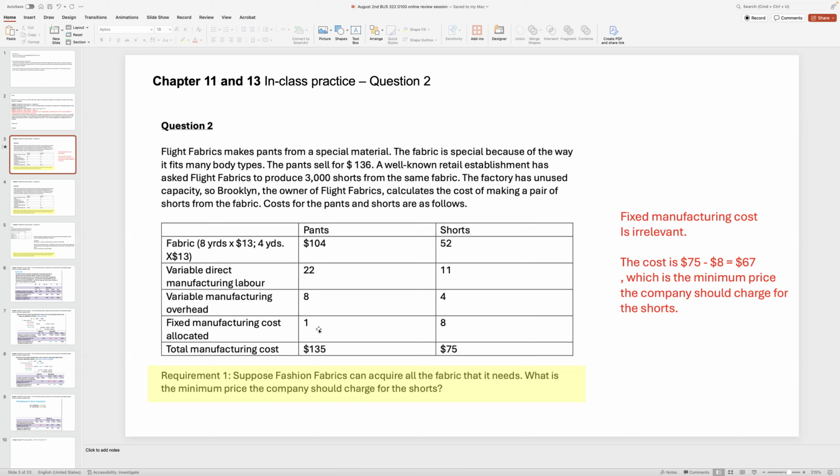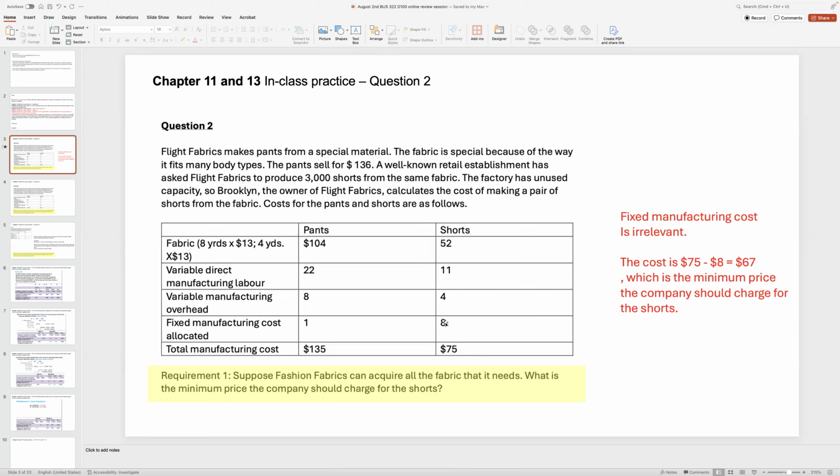That means even if you don't manufacture the shorts, that fixed manufacturing cost will still be there, but it will all be allocated to the pants. So the idea here is that the $8 fixed manufacturing cost is irrelevant. It doesn't matter whether you make the shorts or not. This cost is there anyway.